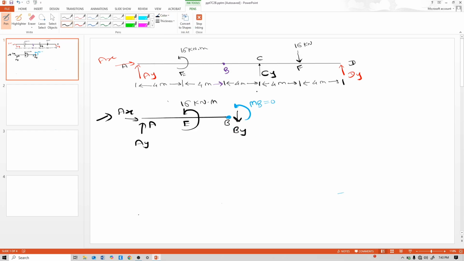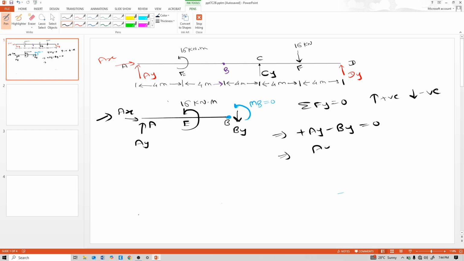For solving this, our interest is to find this AY. First do summation of forces in y direction equal to 0. Upward is positive, downward is negative. So AY is upward, that's why positive AY. BY is downward, that's why negative BY, equal to 0.